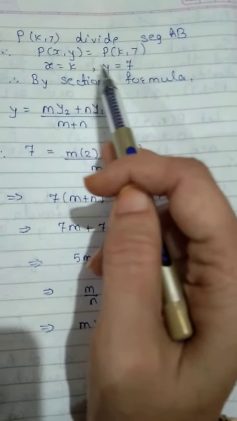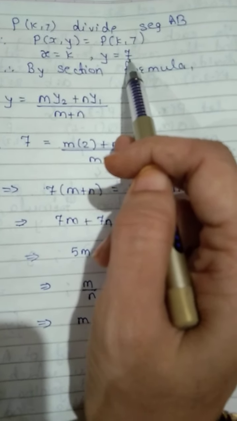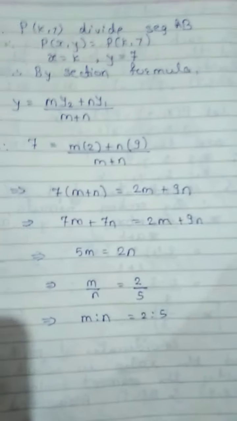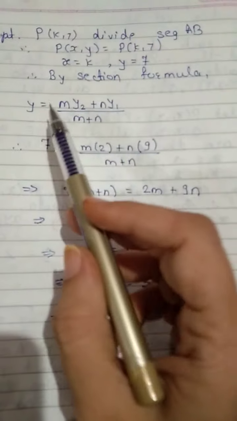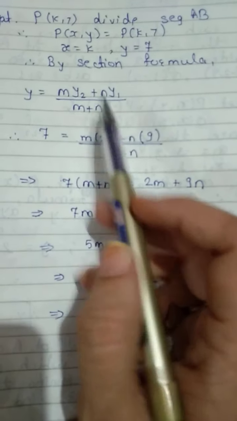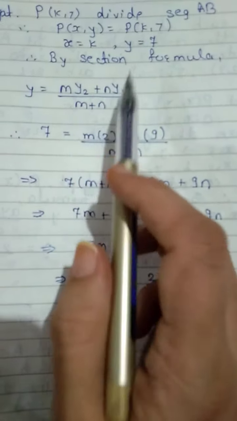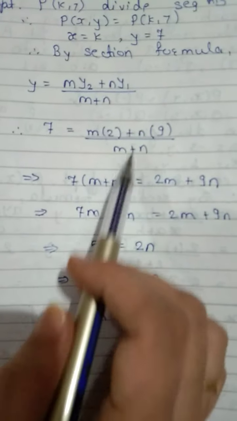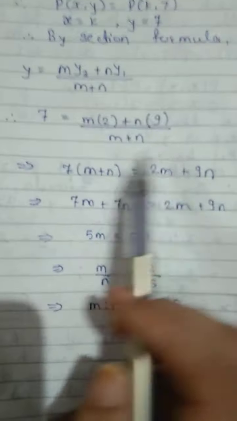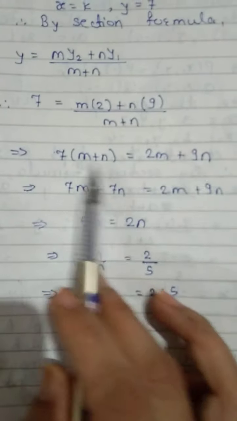So firstly let's use the section formula. Since the y coordinate is already given, we first take the formula for y. Therefore y is equal to (m y2 + n y1) divided by (m + n). Simply put the values here. We have the values of y, y2 and y1, only m and n we don't have. So simply solve this.